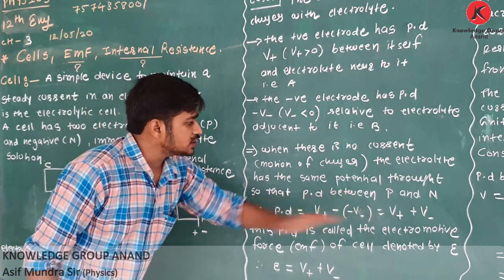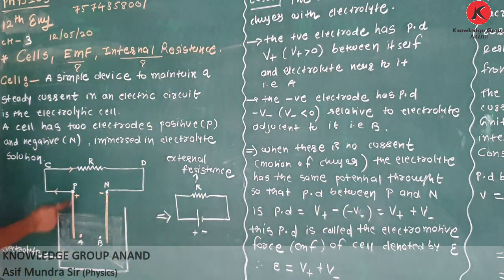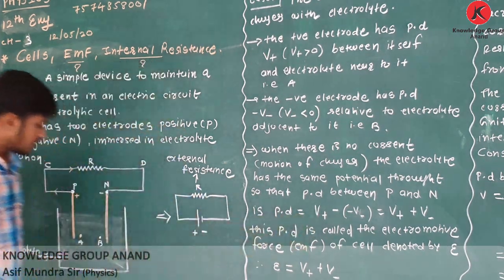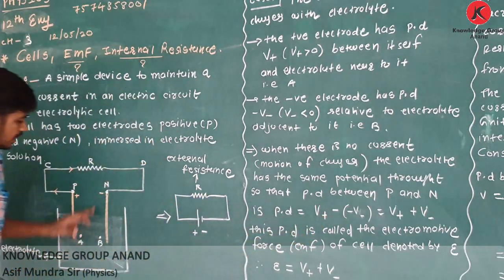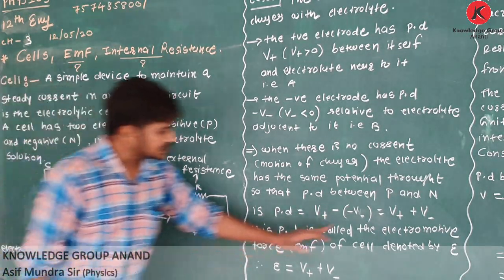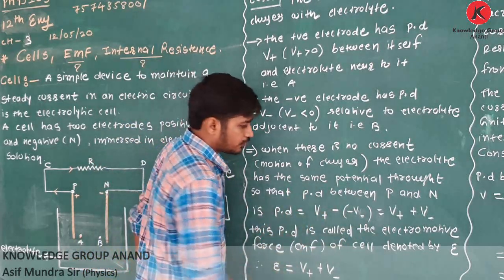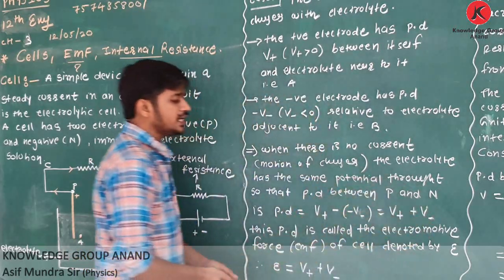So the potential difference between points P and N: how to find it? Potential of P with respect to A is V plus, minus the potential of N with respect to B, which is minus V minus. So this minus will become positive. So it is V plus plus V minus.